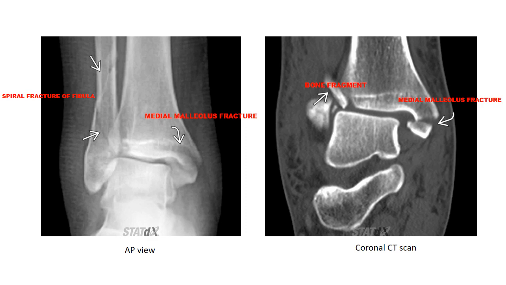Because there is difficulty in obtaining the anatomic reduction, the CT scan was performed. So when the CT scan was performed, there's presence of bone fragment in the syndesmosis, which prevent the reduction, and also there's presence of medial malleolus fracture.